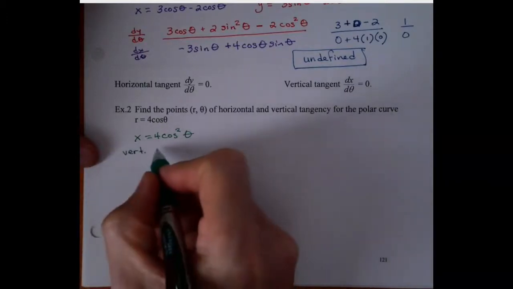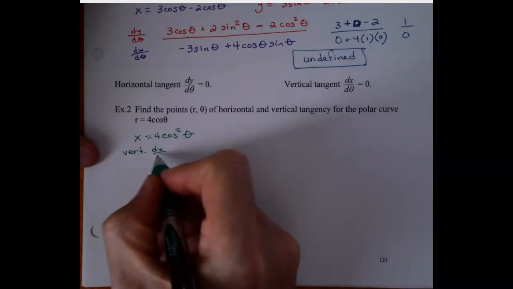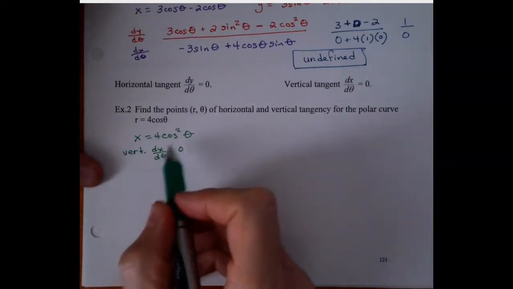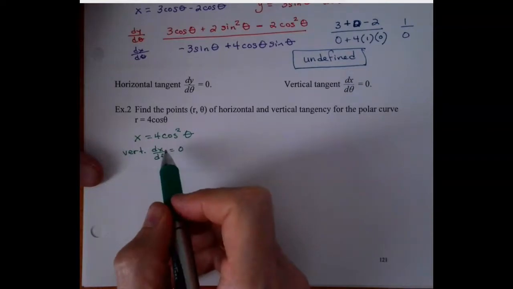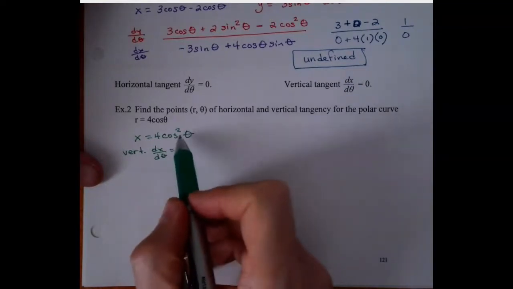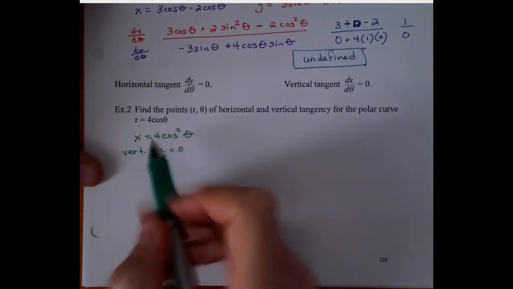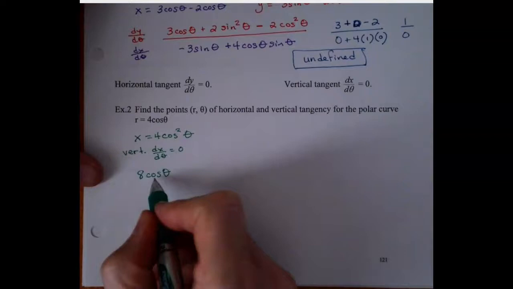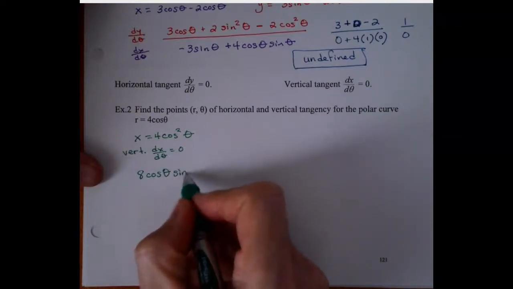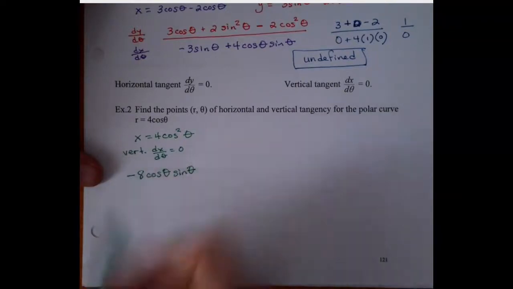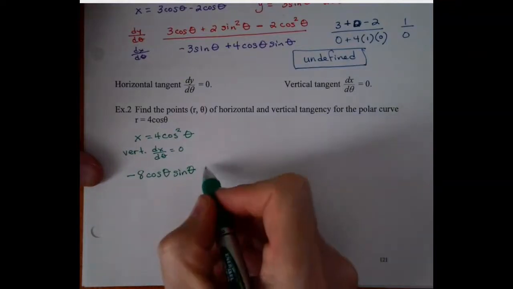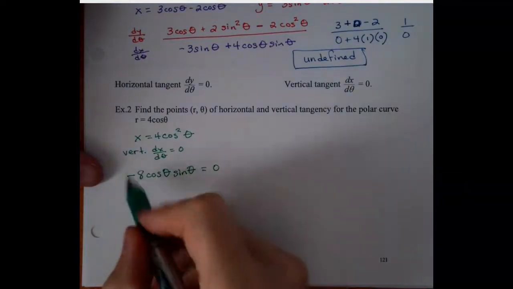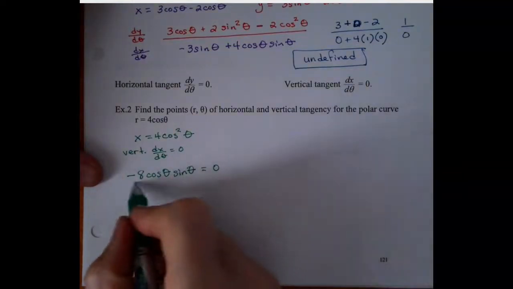So the vertical are when, remember, when dx d theta equals 0. So if we take the derivative of this, that's going to be 8 cosine theta times the derivative of this, which would be sine theta, except that would be negative. So we can set this equal to 0 and divide both sides by -8.